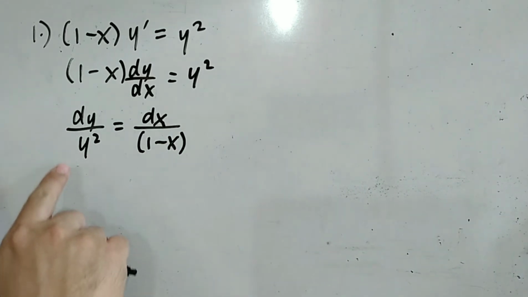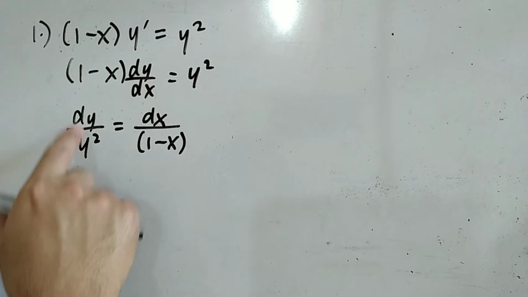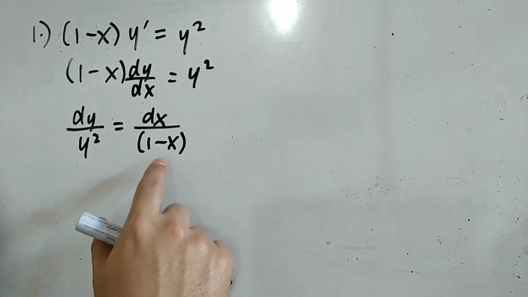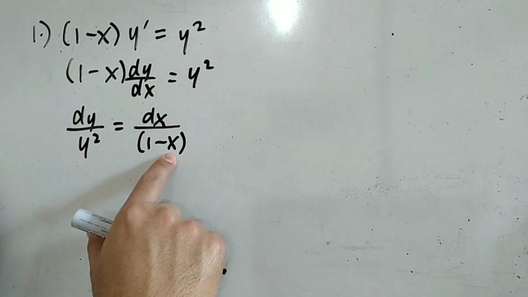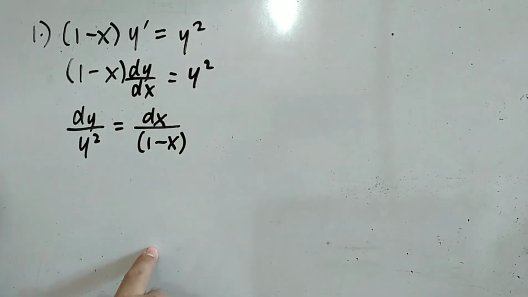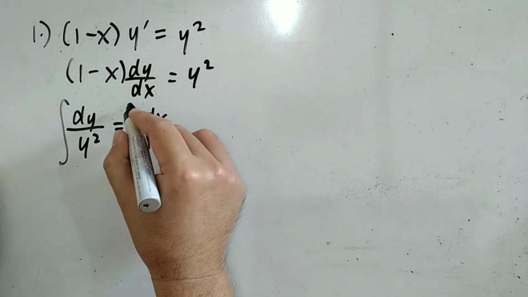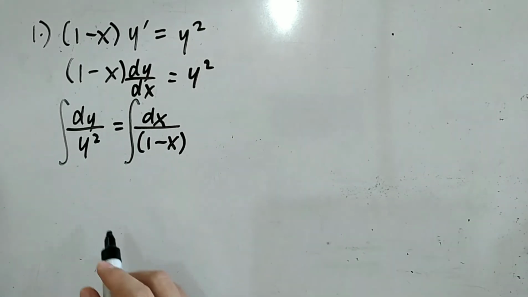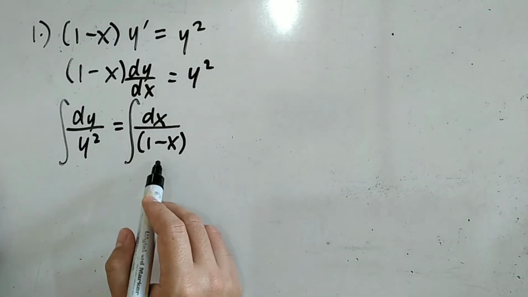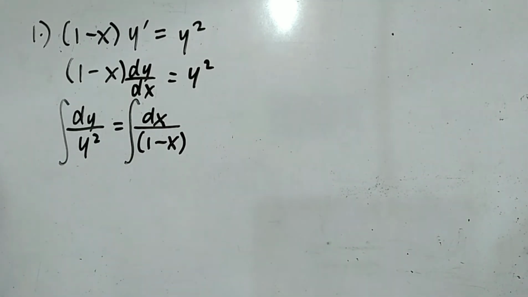So here we have y together with its differential dy and x together with its differential dx. So we have already separated the variables. There are no x's on the left side, there are no y's on the right side. Then we proceed with integrating the equation. So integral of dy over y squared and integral of dx over 1 minus x.